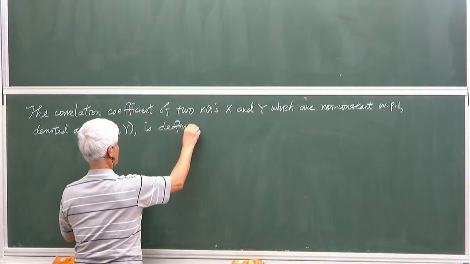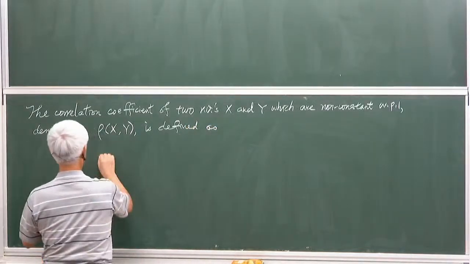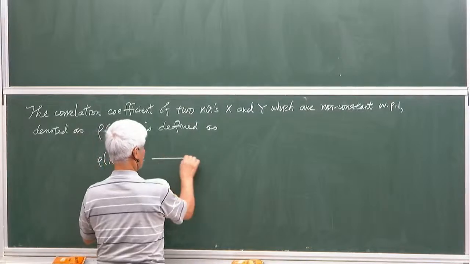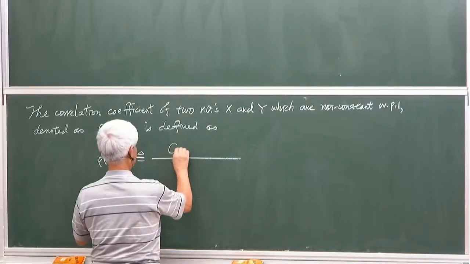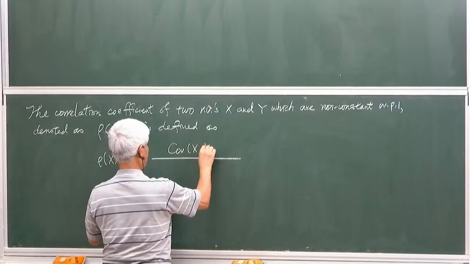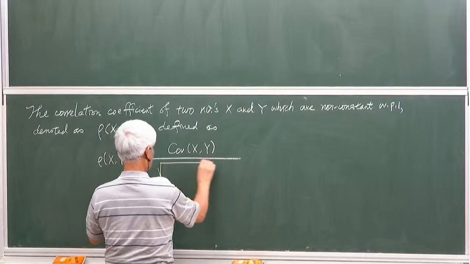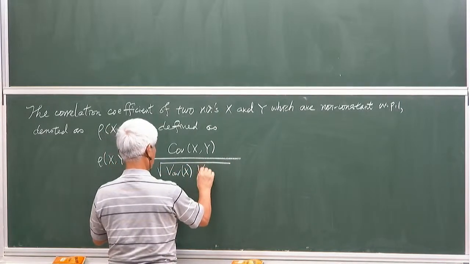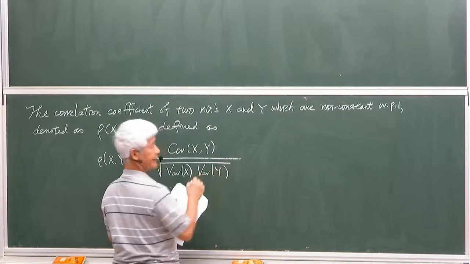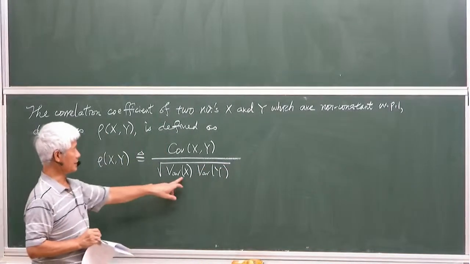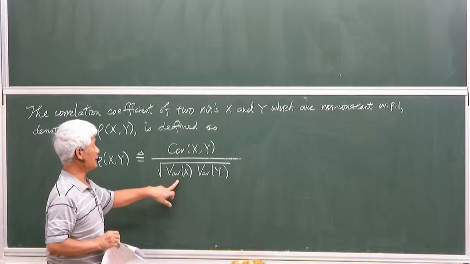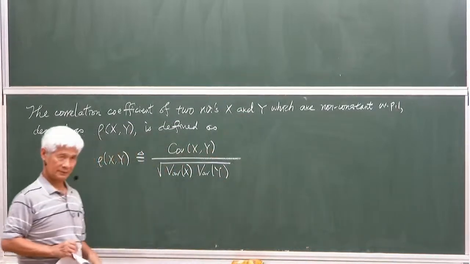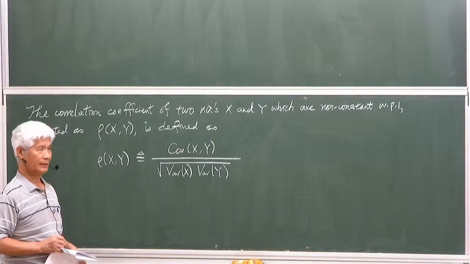So it's defined as here: rho XY is defined to be the ratio of the covariance of X and Y, and the square root of the product of the variance of X and the variance of Y. So this is the reason why we require that both X and Y are non-constant.